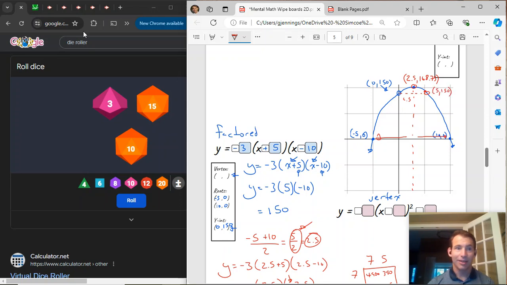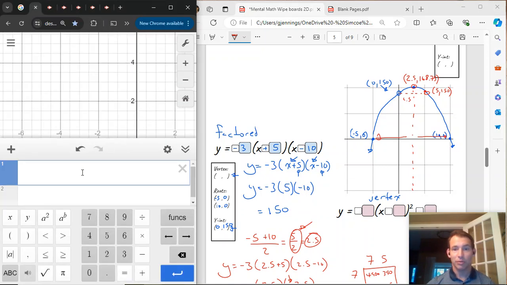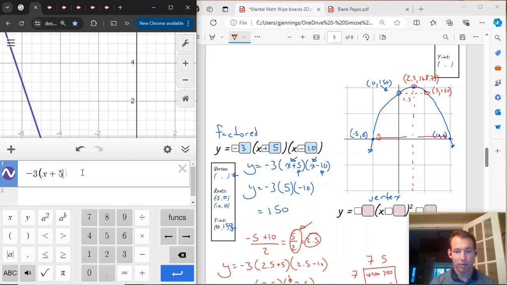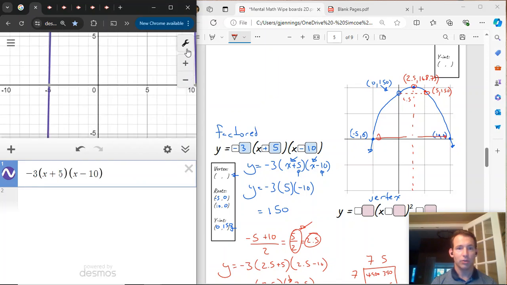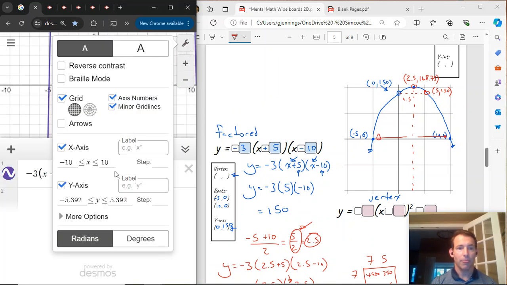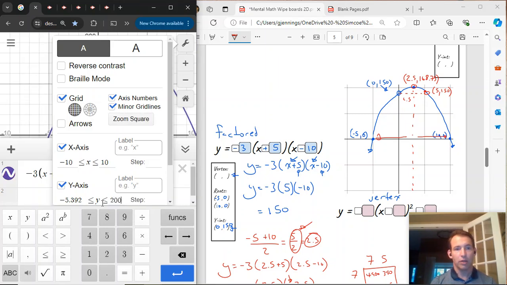And then, you guessed it, we can check this in Desmos. So we just go ahead and type it in, -3 multiplied by (x plus 5) multiplied by (x minus 10). Then we need to change our view here so we can see all the way up to, let's say, 200.